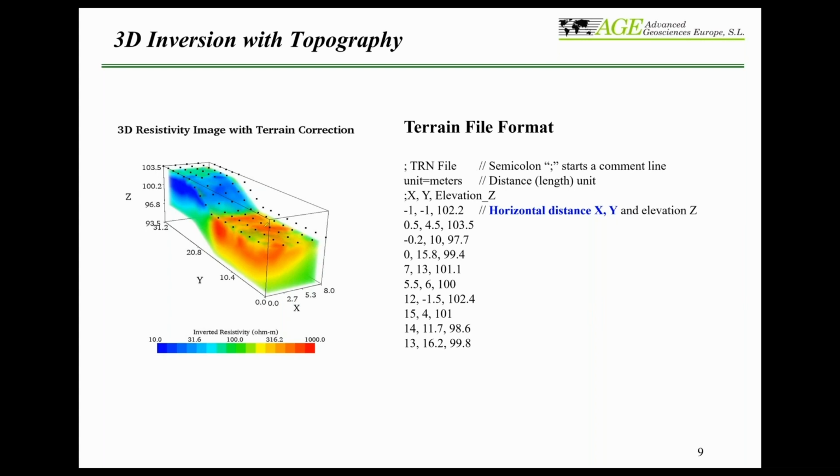That's what EarthImager does. So you read your data first, and then you need to read your terrain file before doing any inversion. The typical terrain file is similar to EarthImager 2D. You have the headers, and then you put the X coordinate, Y coordinate, and elevation. You don't have to give the X, Y, and Z coordinates of every electrode.